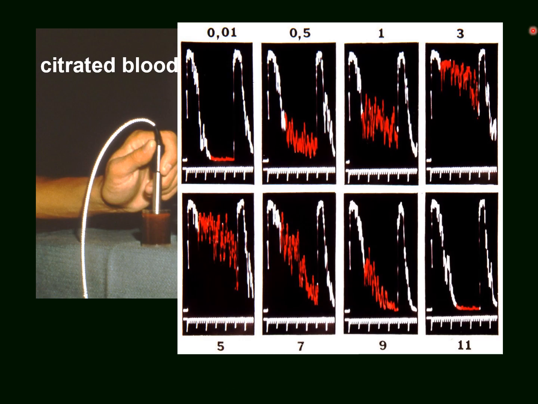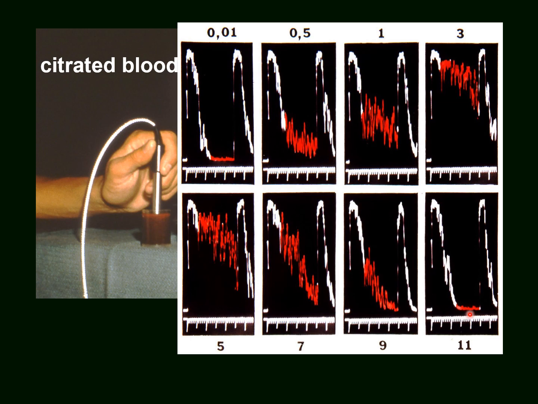And when you look at these echograms from the blood sample, however, blood samples of different cell counts, 10,000 cells per cubic millimeter, 500,000 cells, 1 million, 3 million, 5, 7, 9, 11 million cells per cubic millimeter.